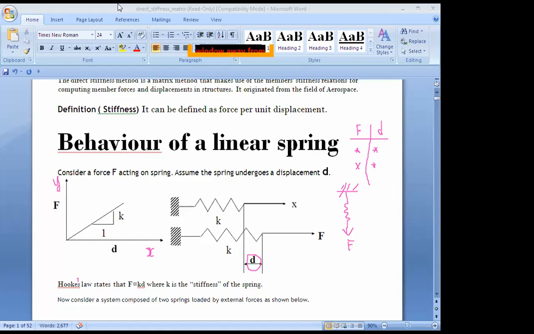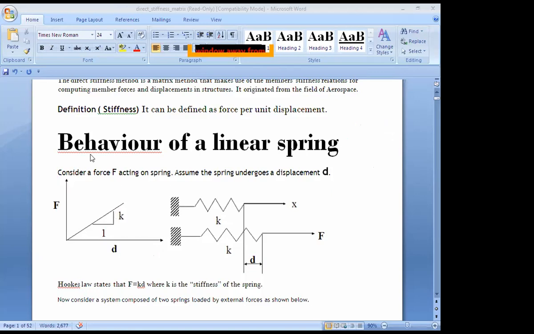This is something that we want to look at now. Hooke's law will form a basis of what we want to do, that force is equal to some constant times the displacement, if we have a system of more than 1, 2, or 3 springs. What happens?